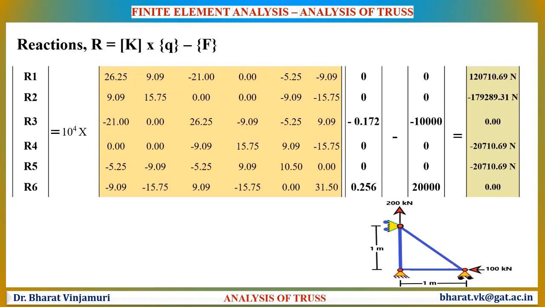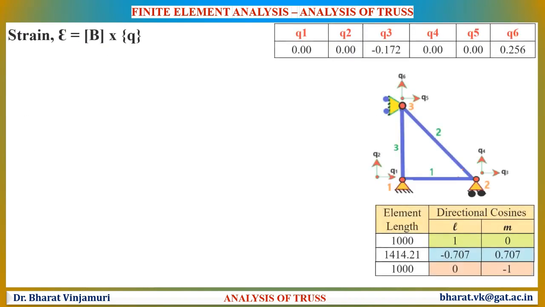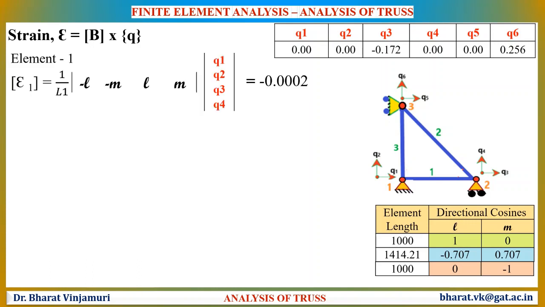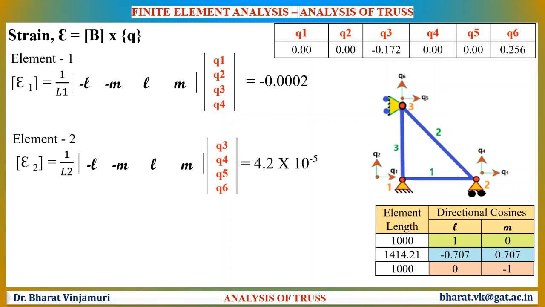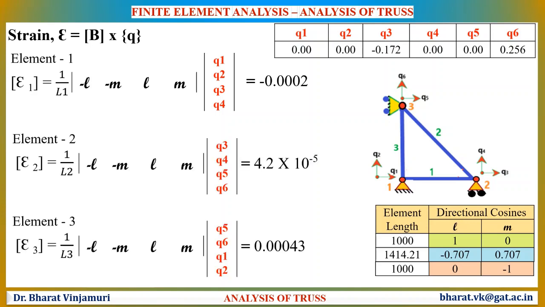The reactions can be determined by using the following equation. The strain of individual element can be determined by multiplying the strain displacement matrix with the displacement vectors. The strain for element number 1 will be minus 0.0002. For element number 2 is given, as well as element number 3 can be calculated.